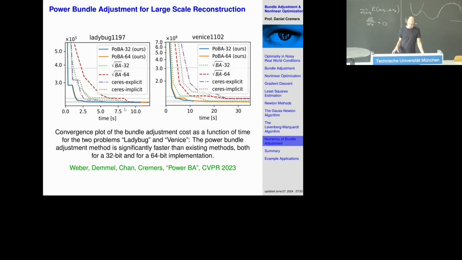So it's almost an order of magnitude faster than the state of the art. And similar on this problem, where the Ceres solver takes some 23 seconds and ours takes some 4 seconds.